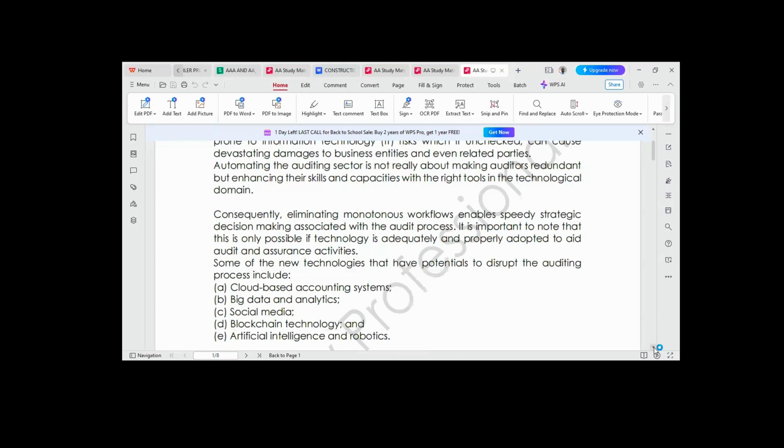Now, another thing you also need to look at is the other aspect where IT has helped our work-life balance. What do you mean by work-life balance? Imagine before now, accountants would have several sheets, foolscap, A4 paper sheets stapled together with numbers.